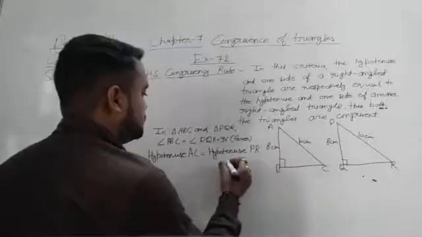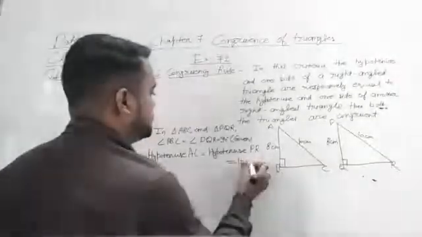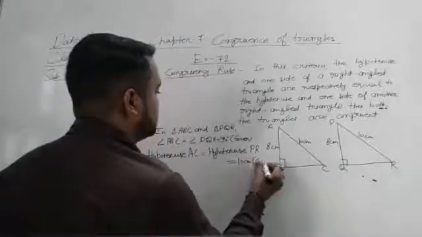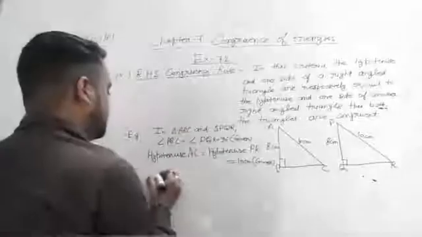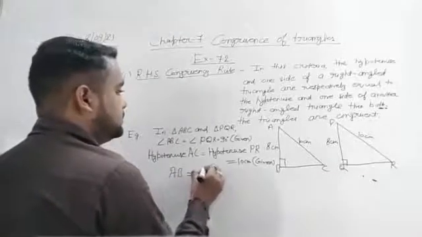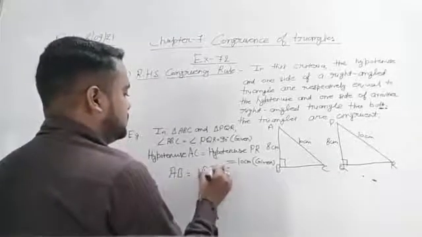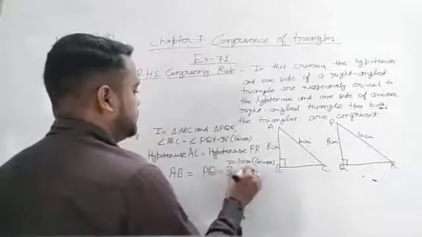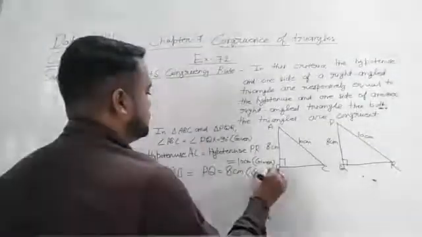Both the hypotenuses are equal to 10 centimeter, which is given, and side AB is equal to side PQ, which is 8 centimeter, given also.